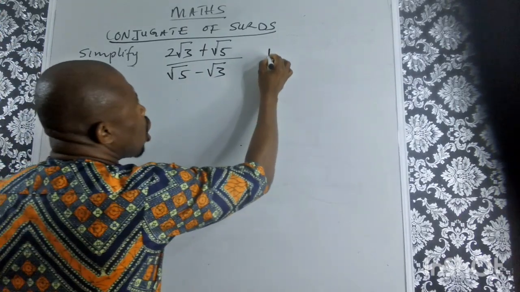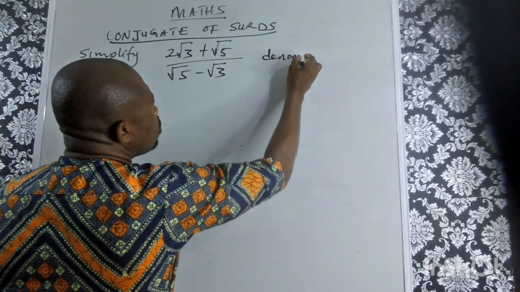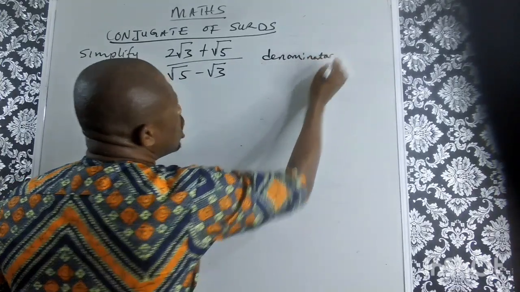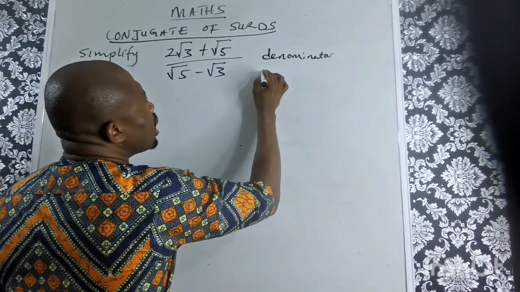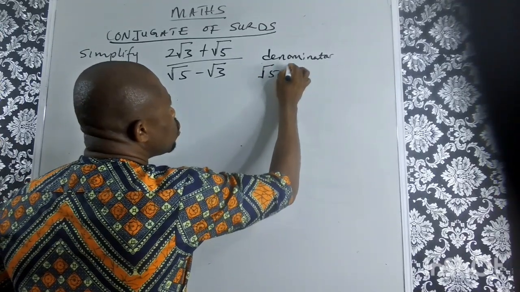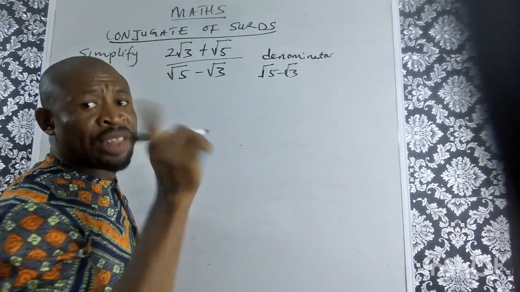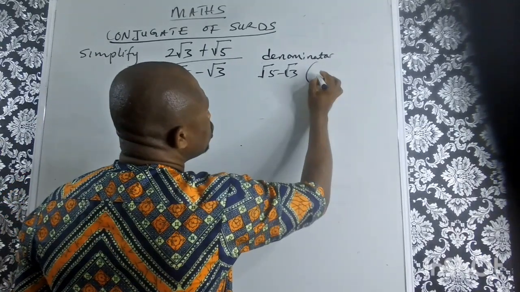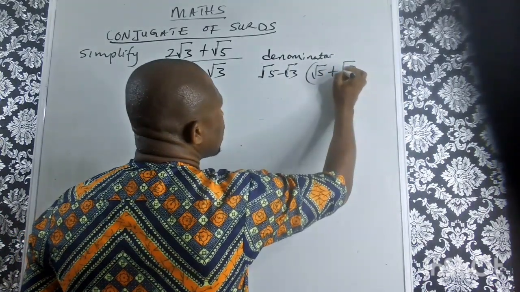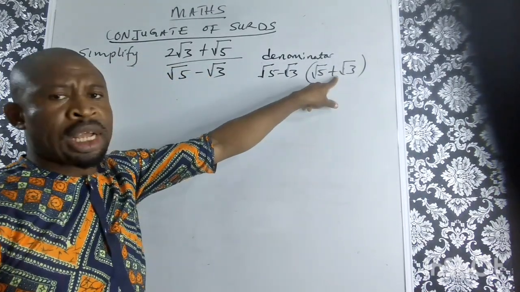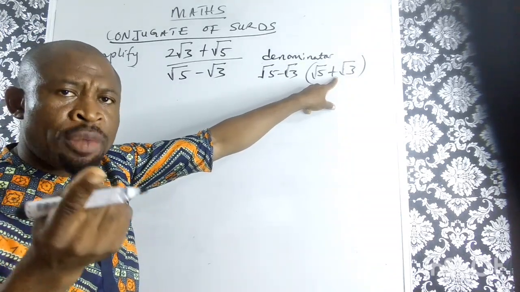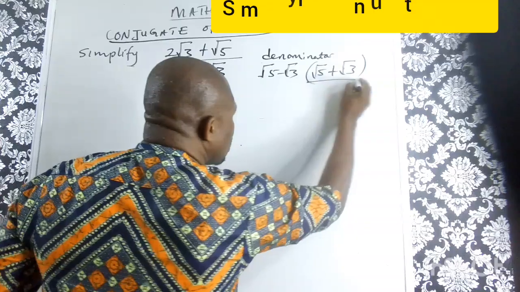Now the denominator is root 5 minus root 3. The conjugate is just root 5 plus root 3. So this is the conjugate, and we are going to multiply both the numerator and the denominator with this value.